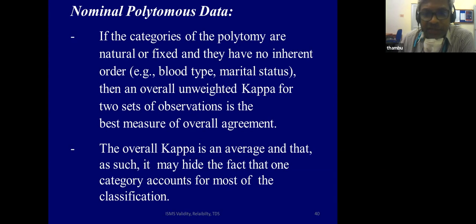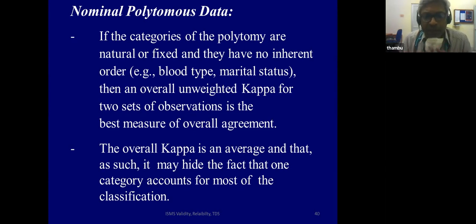If the categories of the polytomy are natural or fixed and they have no inherent order, for example, the blood group types, it doesn't make a difference whether A is first, then B, then AB, then O, or marital status, married, unmarried, separated, then the overall unweighted kappa for the two sets of observations is the best measure of overall agreement.